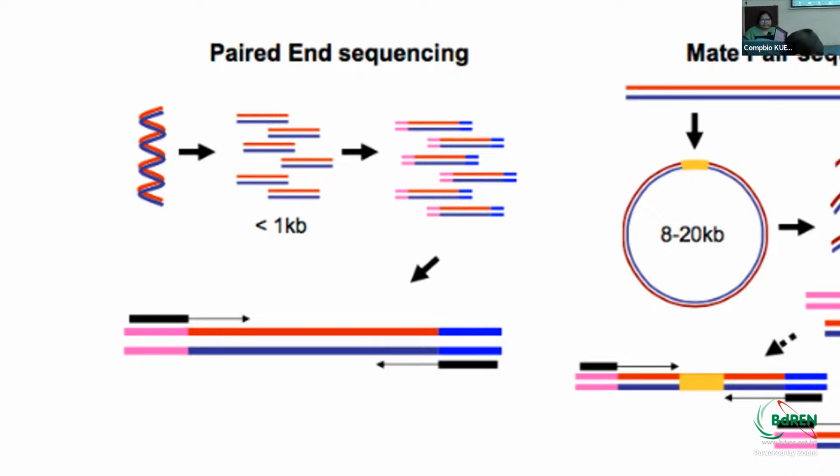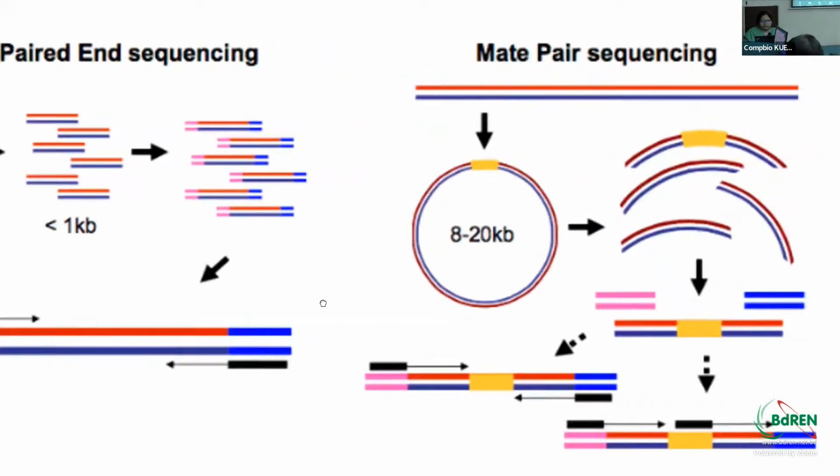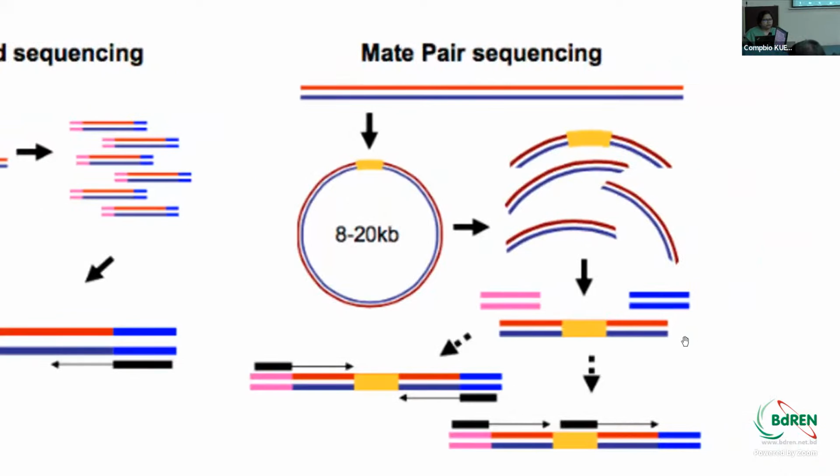And there was another term you might have heard, mate pair sequencing, which is not much used nowadays. But in mate pair sequencing, a similar kind of thing happened. There was a linker, the yellow one you can see, and it can make the DNA circular. Then we chop it with a restriction enzyme, and then we sequence it.